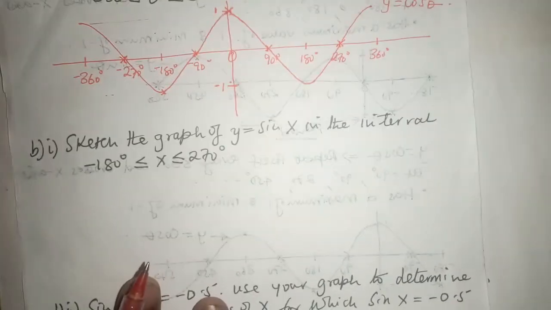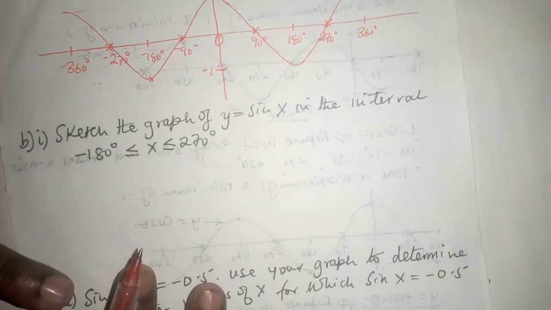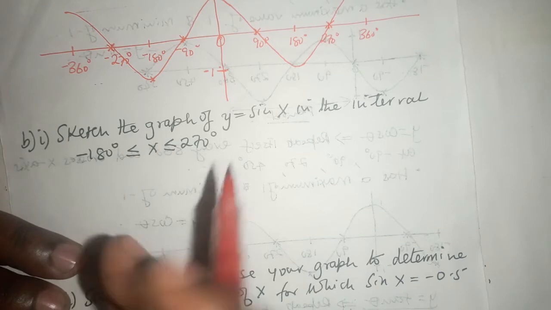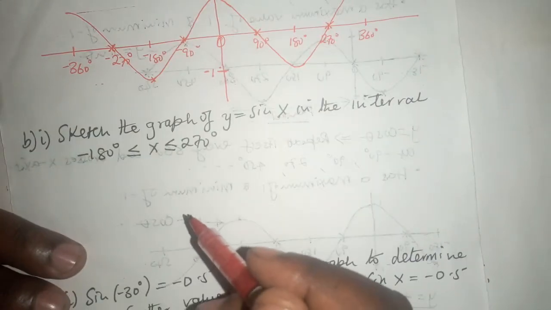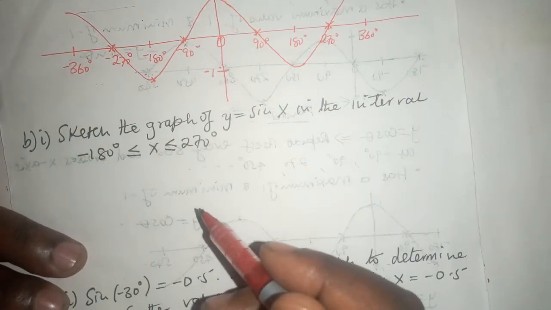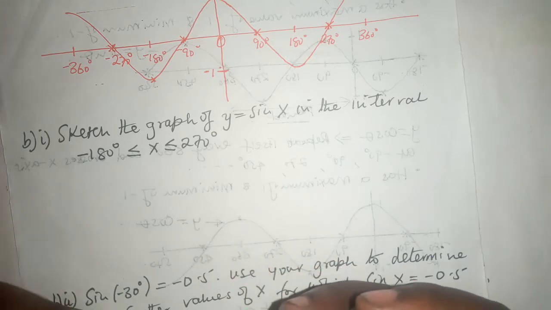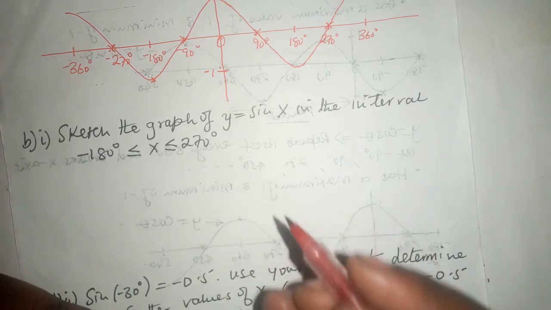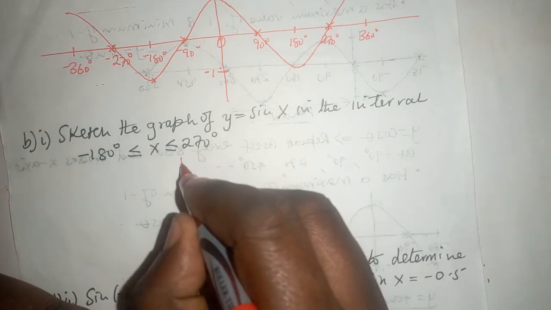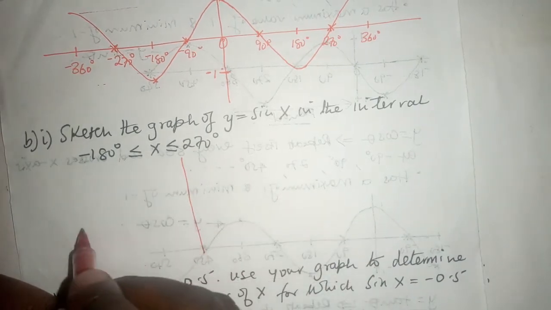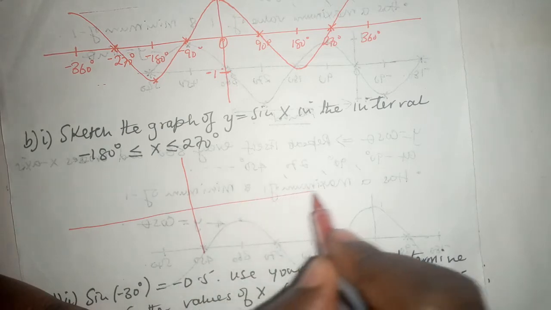Now, the second part of example 11 is to sketch the graph of y equals sine x in the interval negative 180 all the way to 270 degrees. It goes without saying, we just have to have the y-axis and of course the x-axis.